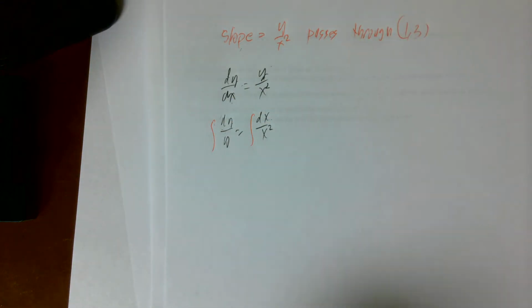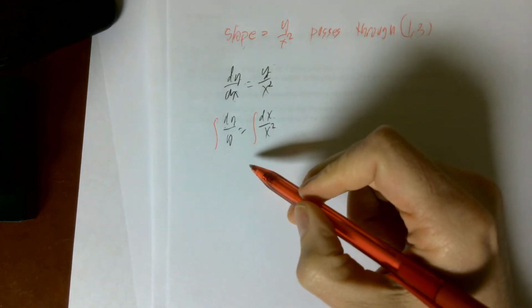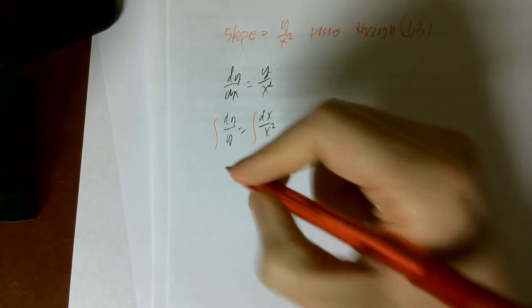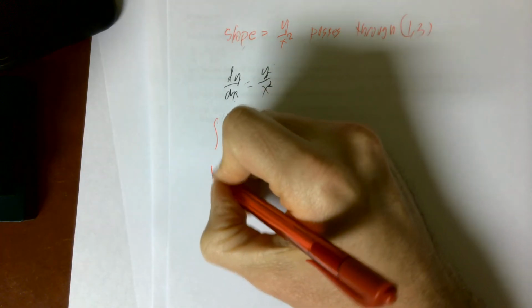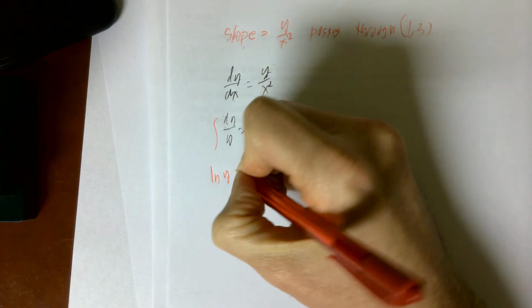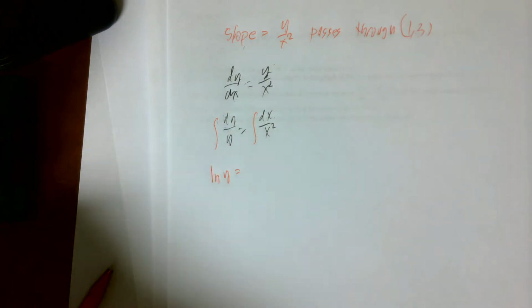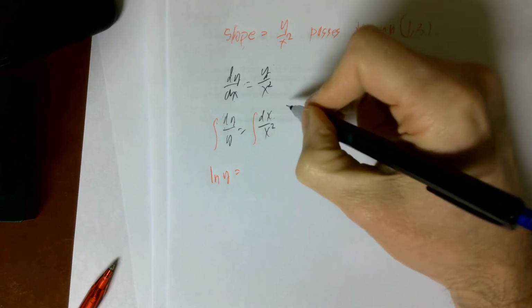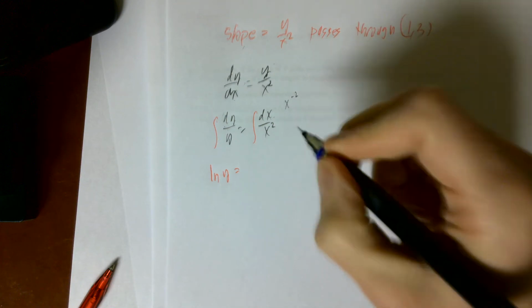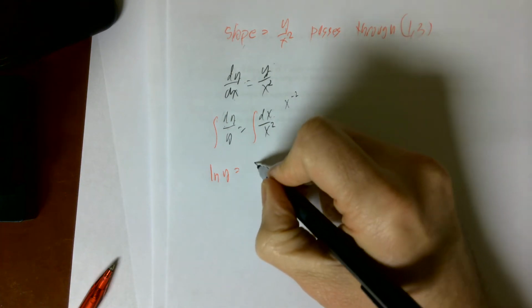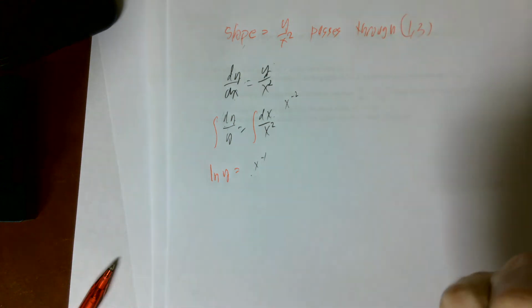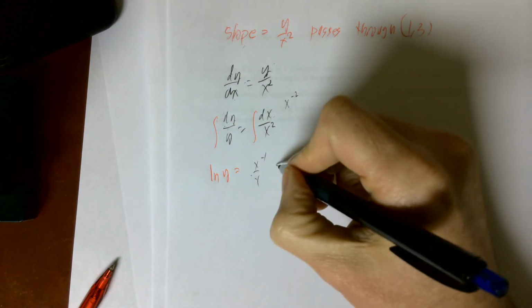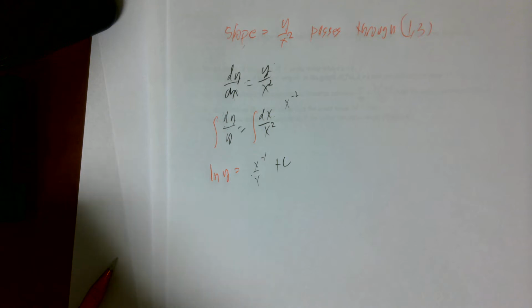Now we take the integral of both sides, and I'm hoping you recognize this as the natural log of y. And that, you might want to write as x to the negative 2. So that's going to give me x to the negative 1 over negative 1 plus some constant.